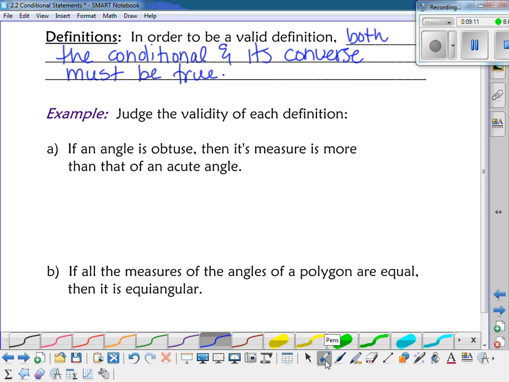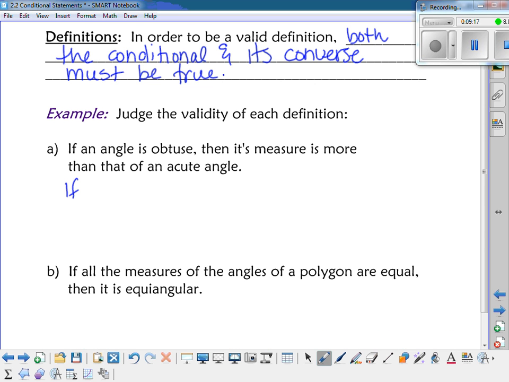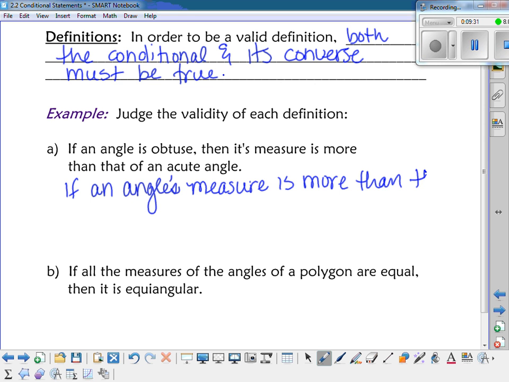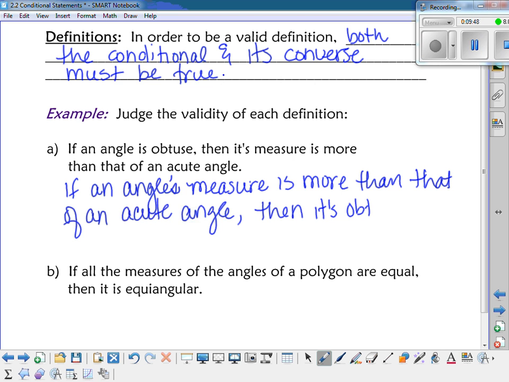So I'm going to write the converse. If an angle's measure is more than that of an acute angle, then it is obtuse. Okay, so is that always true?